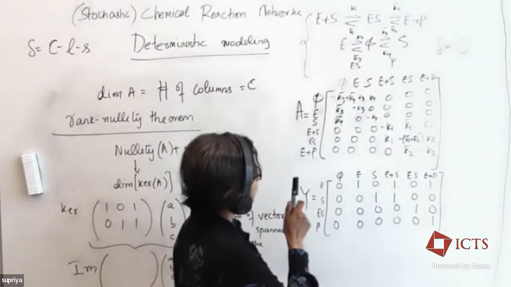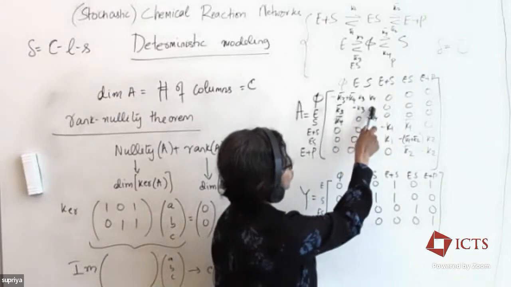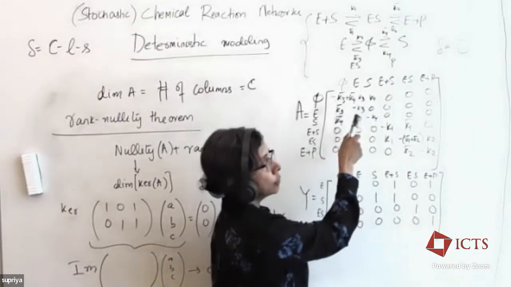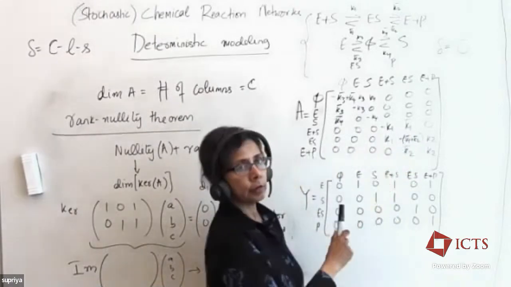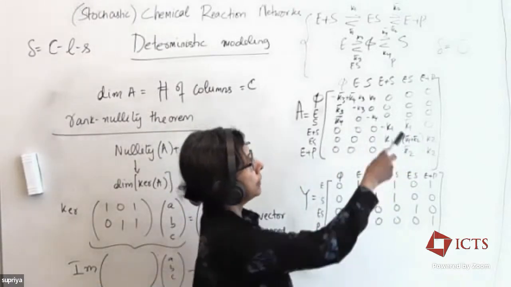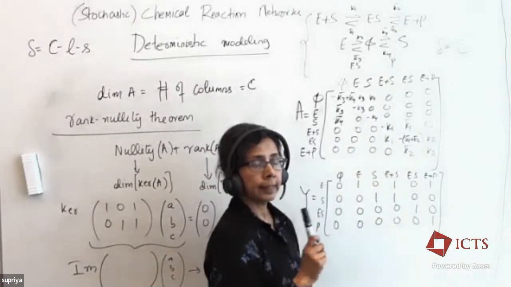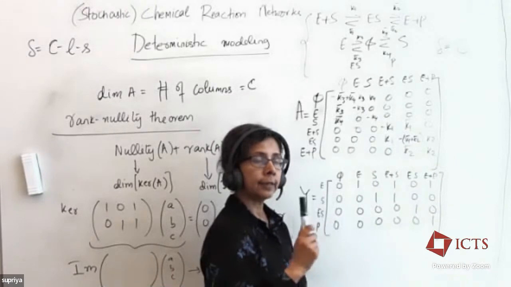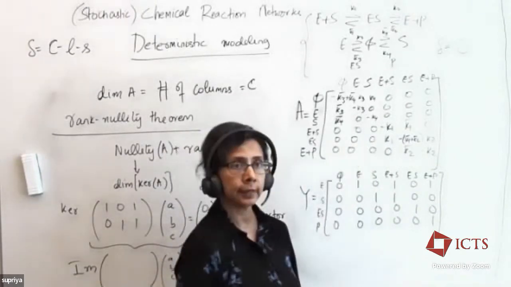How many independent column vectors are there? You can think of these two, and then this will be some sum of those two. And then you can think of these two, and this will be some sum, whatever. So there are 4. So this matrix has image 4. The dimension of the image space is 4, and the dimension of the kernel space then has to be 2, because the number of columns is 6.